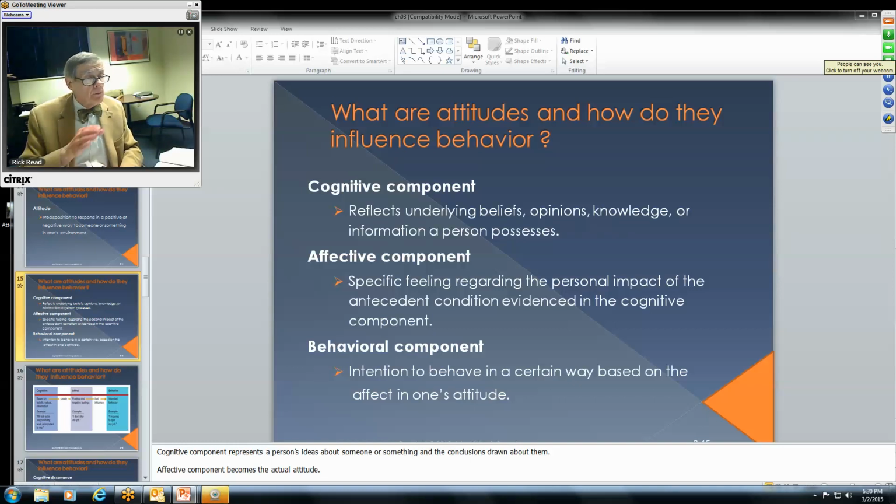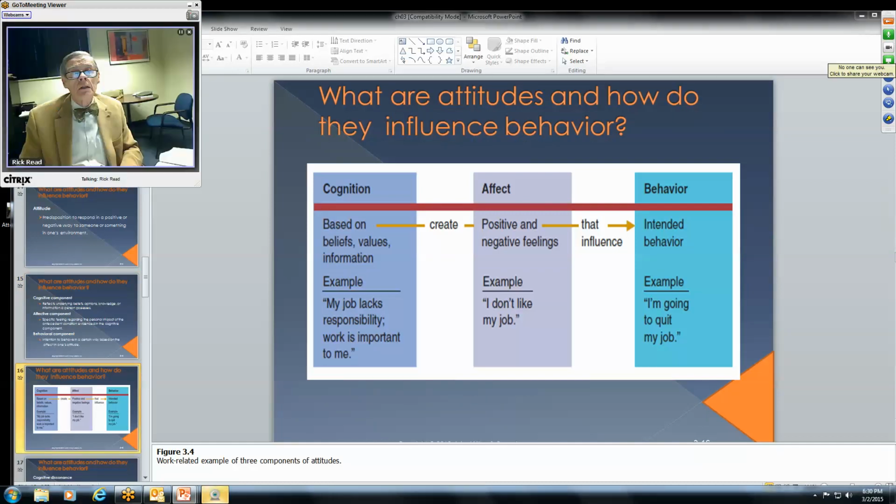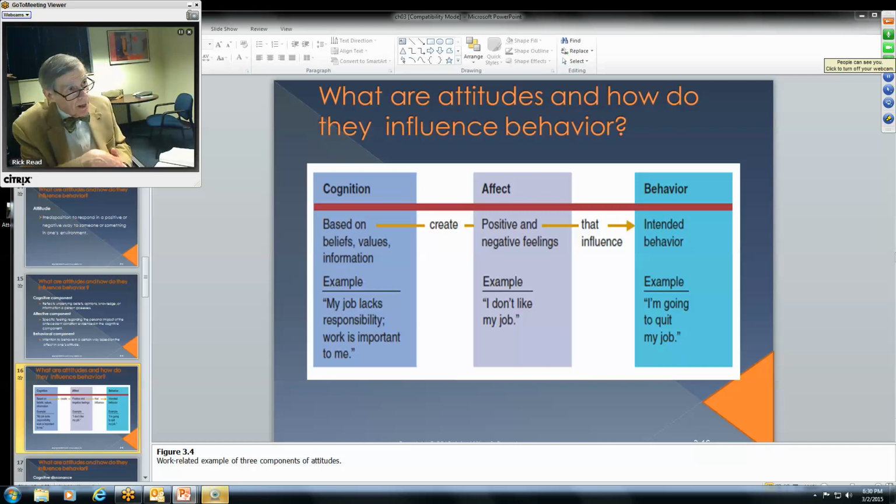All right. So we know what our cognition is. Cognition comes from our beliefs and our values. And then that cognition will create an effect, either positively or negatively, and it will have some kind of behavior. That effect will influence some type of behavior.